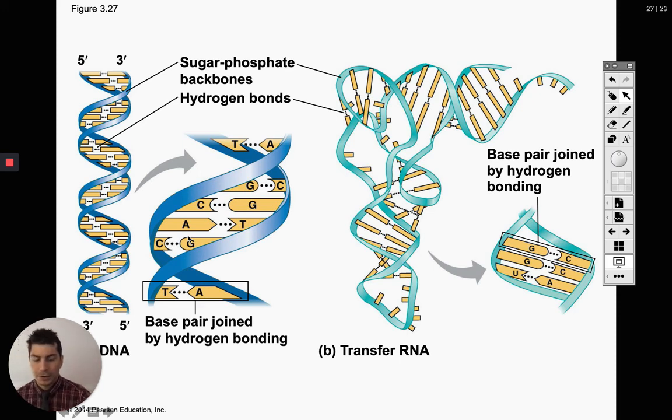so we got our nucleotides attached to other nucleotides. When we're talking about one strand of DNA, it's going to be all covalent bonds, okay? So on the left side here, our 5' down to our 3' DNA, that's going to be connected by covalent bonds from our nitrogenous base to our 5-carbon sugar to our phosphate group and then to the next nucleotide.